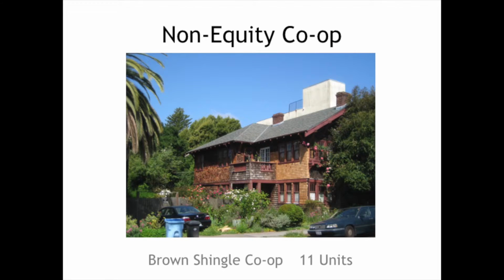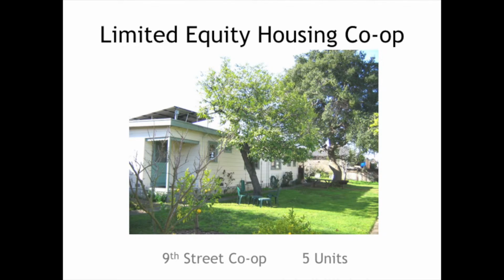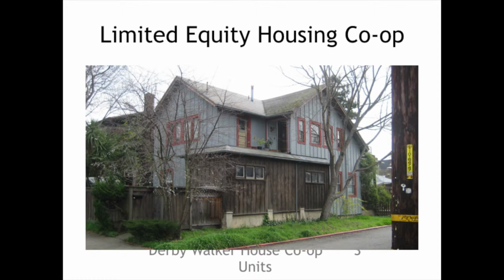And the next one is Brown Shingle, which I'm going to be talking about next. The significance is that these 3 properties are on one block in South Berkeley. You drive by it, you have no idea that these are co-ops. They are resident owned and resident managed, and they are out there.